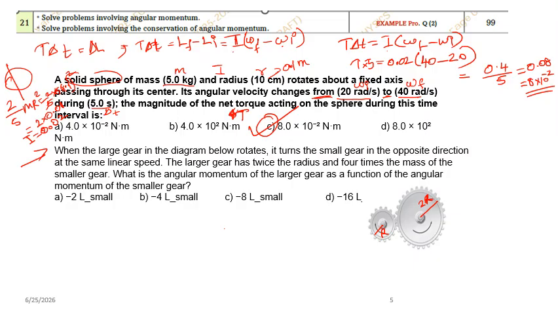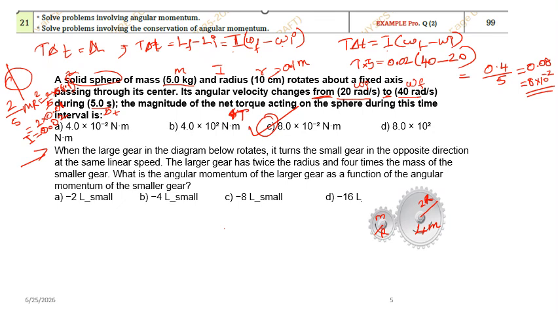So if this has a mass m, then this will have 4m. Now, what is the angular momentum of the larger gear as a function of the angular momentum of the smaller gear? First let me calculate the angular momentum of the smaller one, then I'll connect it with the larger one.